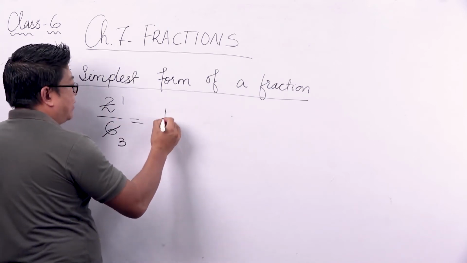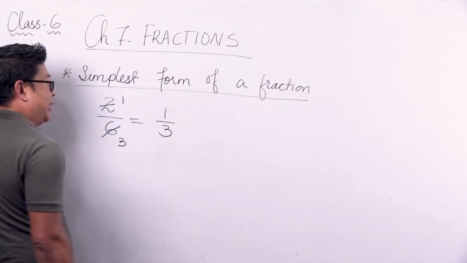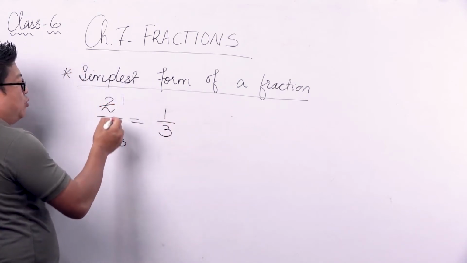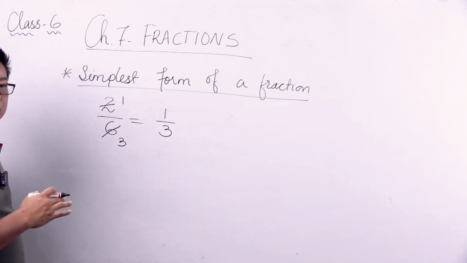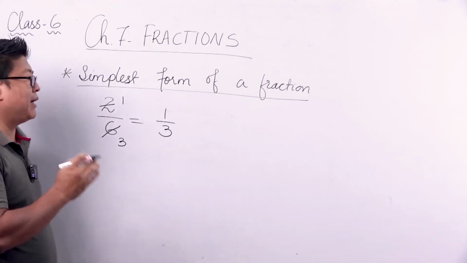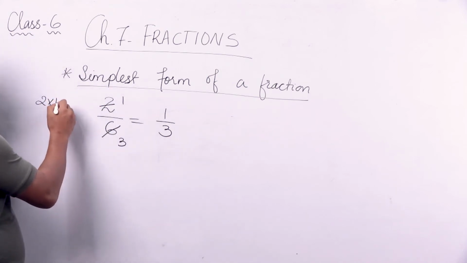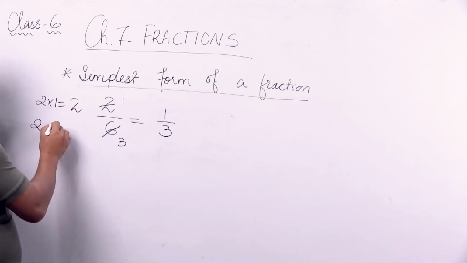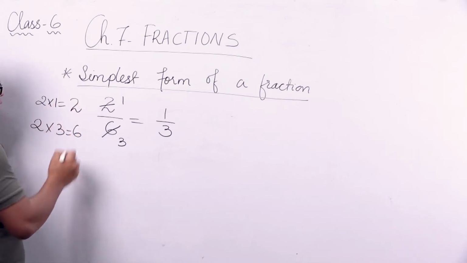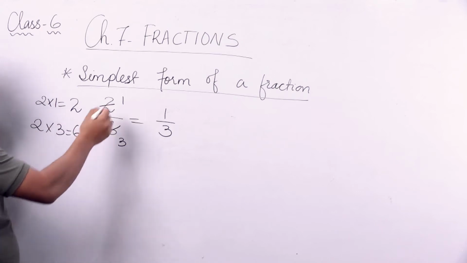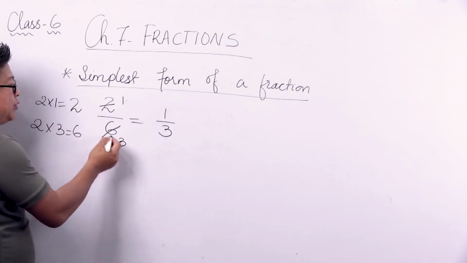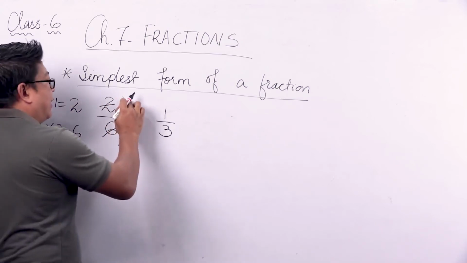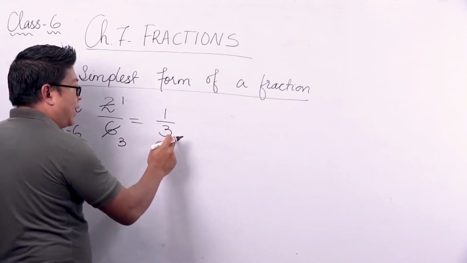So the remaining answer is 1 by 3. That means both 2 and 6 have the same multiple 2, right? They can both be divided by 2. All right, so that's how I'm cancelling. I cancelled them both. Now the answer remaining is 1 by 3.